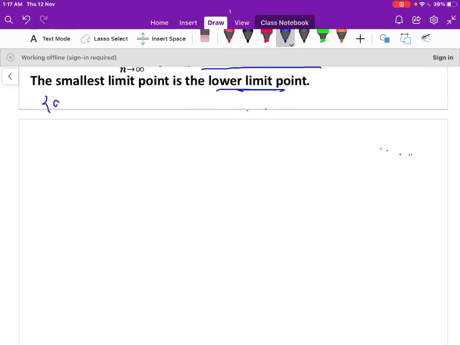Let the sequence a_n be equal to minus 1 to the power of n. That can be written as minus 1, plus 1, minus 1, plus 1 and so on. So this is the given sequence. We have seen that there are two limit points, minus 1 and plus 1.